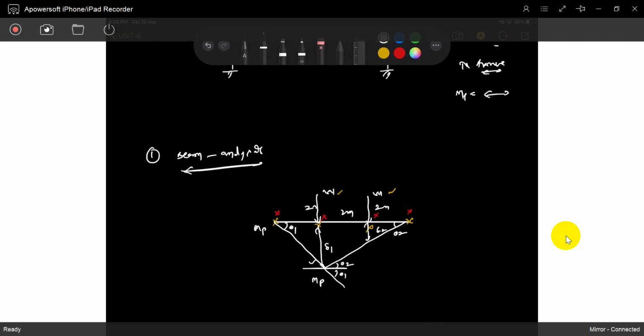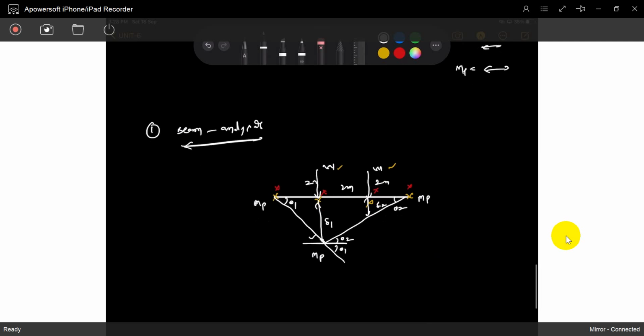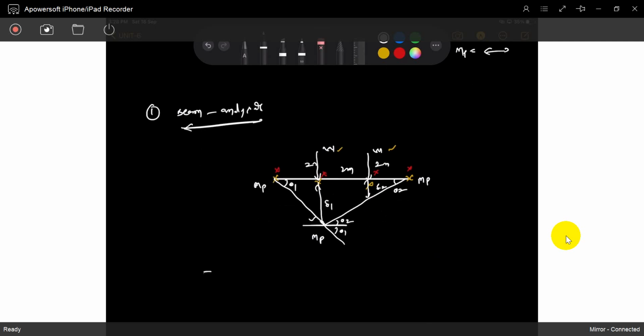This is MP, this is MP. Okay, so now you can easily find out. What is the external work? W delta 1, W delta 2. So the internal work is MP theta 1, MP theta 2, and MP (theta 1 plus theta 2).